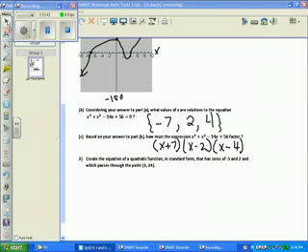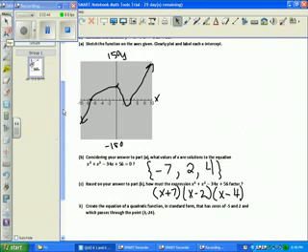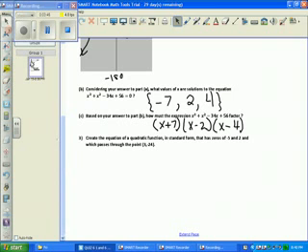Number 3, which came off the 6.2 practice homework sheet, asks us to create an equation of a quadratic function in standard form that has zeros of -5 and 2, so those are 2 roots, 2 x-intercepts, and which passes through the point x is 3, y is -24.